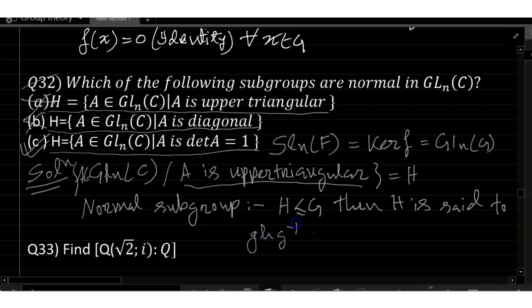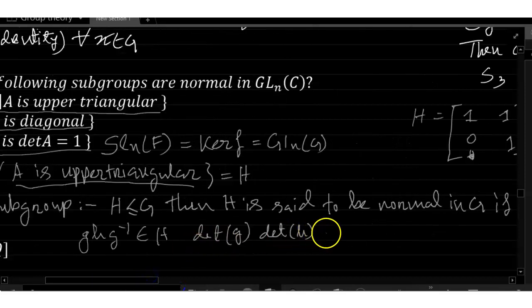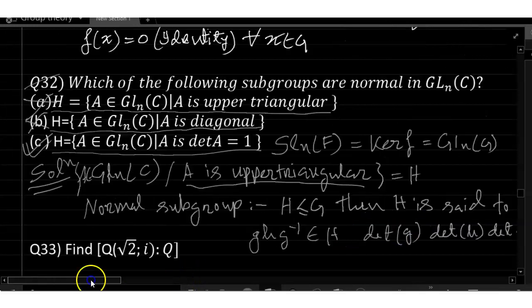G inverse is also H, because of the determinant of G into determinant of H, because determinant is, we can write determinant as a product form. So determinant of H, G, G inverse equals to 1. So correct. This is a normal subgroup in GLNC.